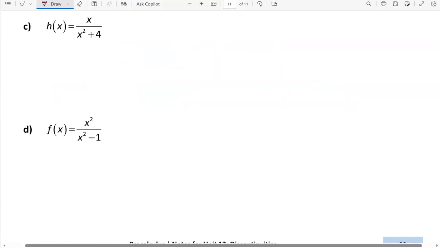In C, we have a special example here because x squared plus 4 is only equal to 0 if x squared is equal to -4, and a square cannot be equal to a negative number if x is real. So there is no solution, which means there is no vertical asymptote here.